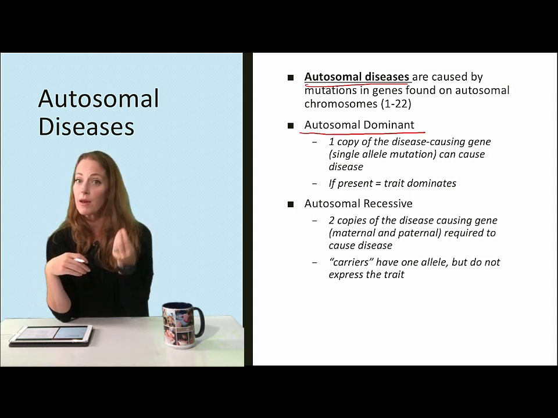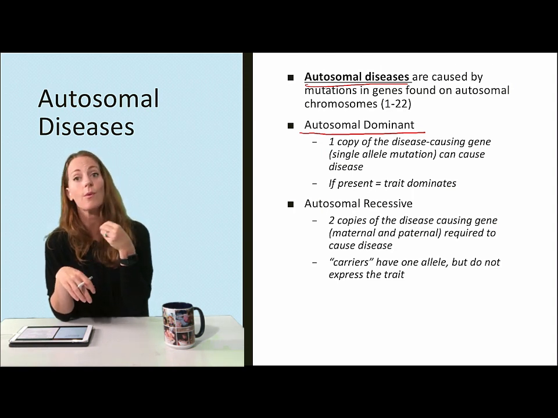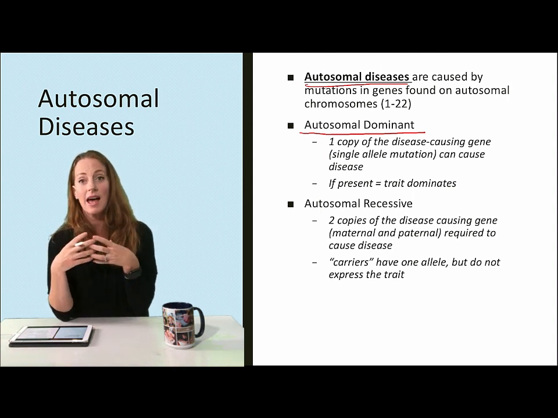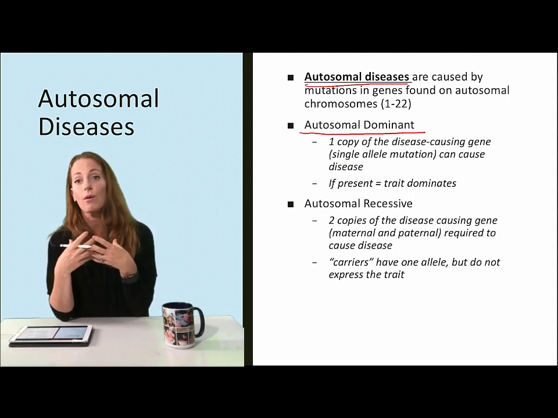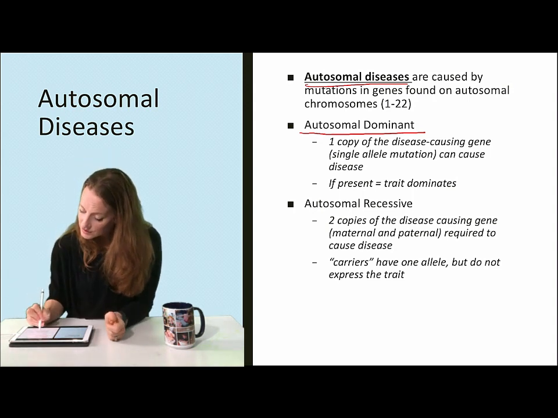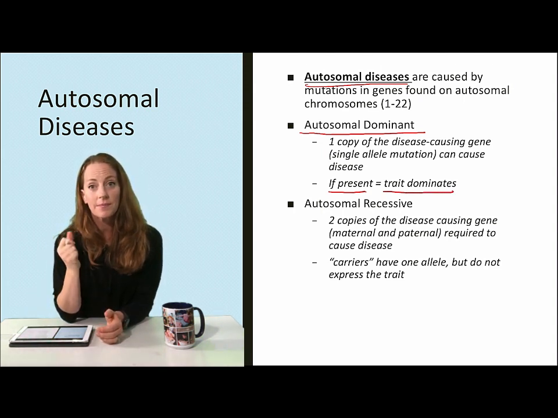If the gene for brown hair is present, it covers up the red hair, and you'll never see the red hair. You will only see the brown hair. So dominant means that trait will be expressed over other allele possibilities. So if present, the dominant allele is going to be expressed.